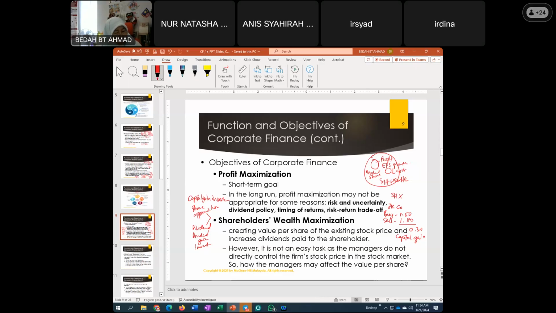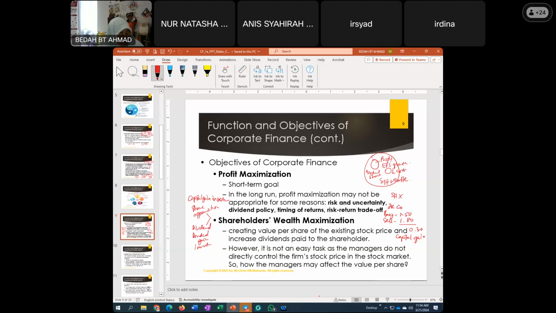Most firms are owned by the shareholders and were established to make money for the shareholders. So the primary goal must be to maximize the shareholders' wealth. Maximizing shareholders' wealth usually means maximizing the firm's total value per share as well as dividends. There are other investors who are dividend gainers.